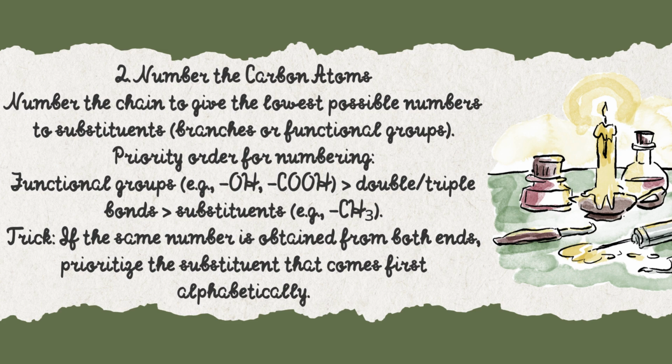For example, if the same carbon chain has the OH group and COOH group or double or triple bond, you have to prioritize the hydroxyl group and carboxylic group first, followed by the double and triple bond, then other substituents. And if the same number is obtained from both ends, prioritize the substituent that comes first alphabetically. Then you have to follow the alphabetical order.